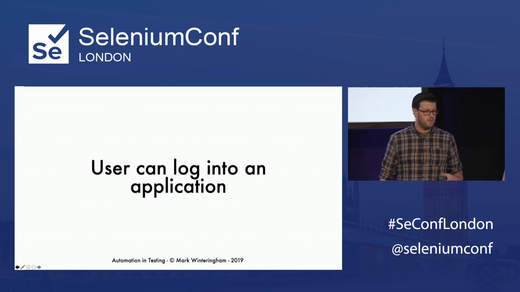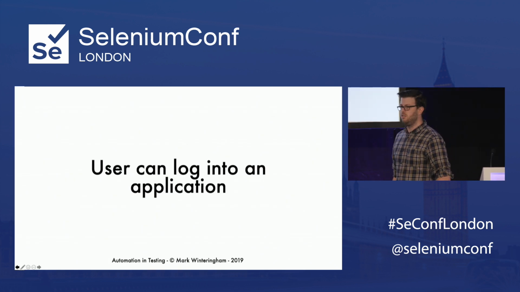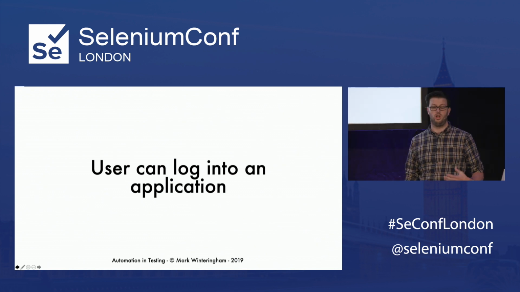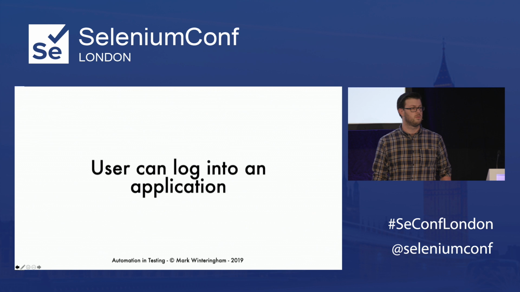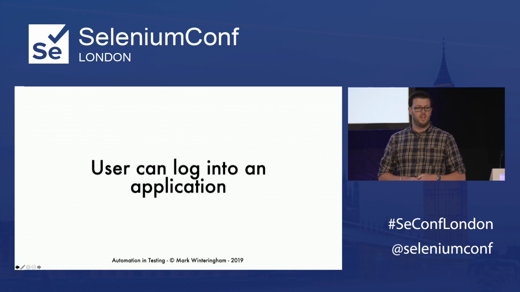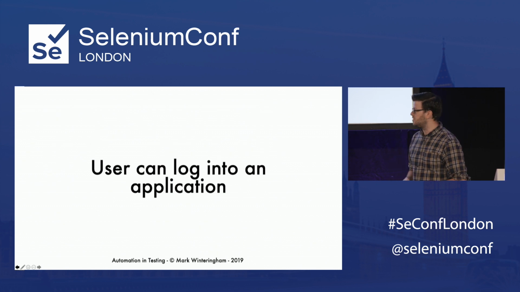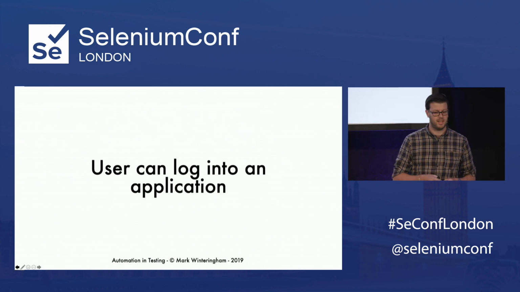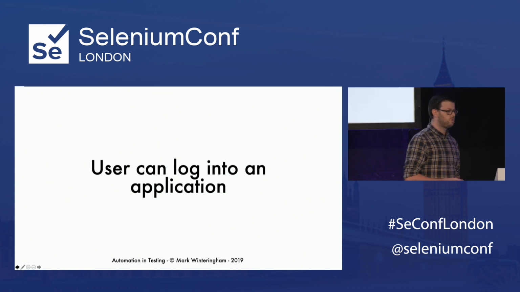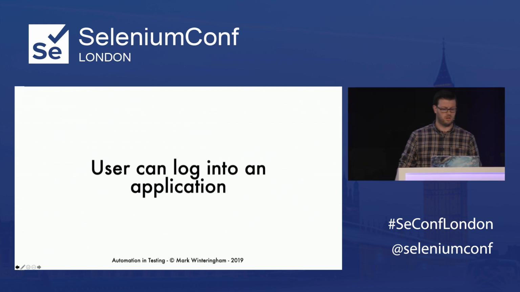My check is going to focus on a specific risk: the fact that a user can log into an application. This risk is quite abstract, quite high level, but we'll dig into that in more detail a little later. But basically I've written something that focuses on whether or not a user can log into an application.